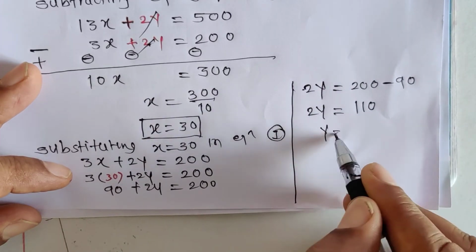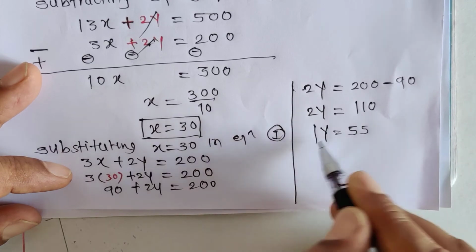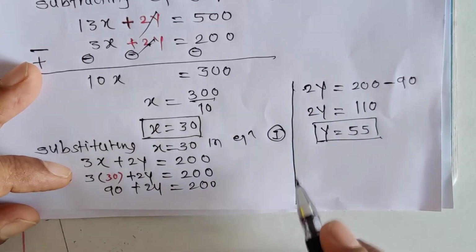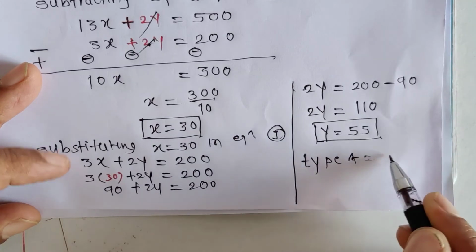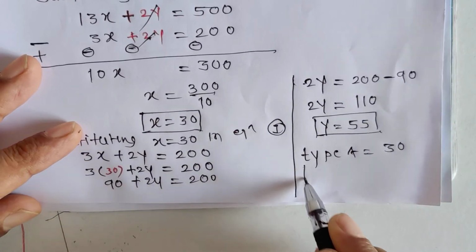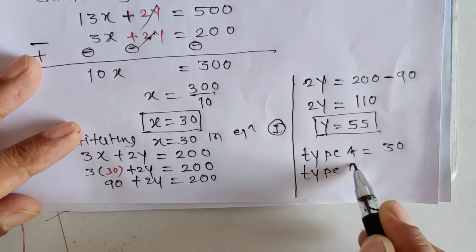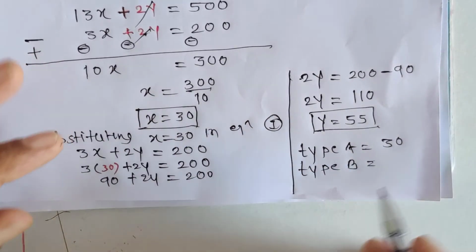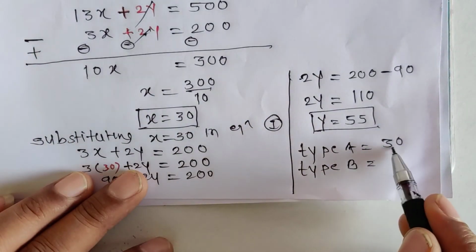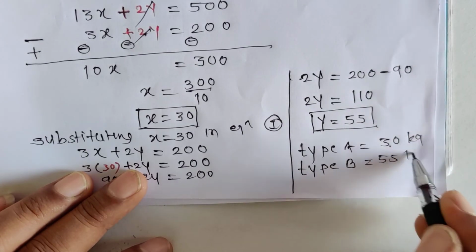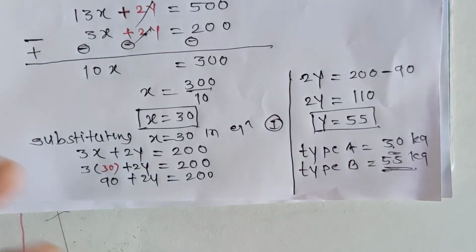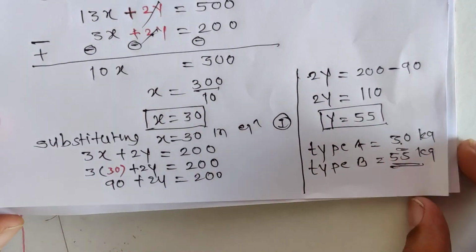So y is equal to 55. So the weight of type A boxes is 30 kg and type B boxes is 55 kg. In this way we get the weight of each box.